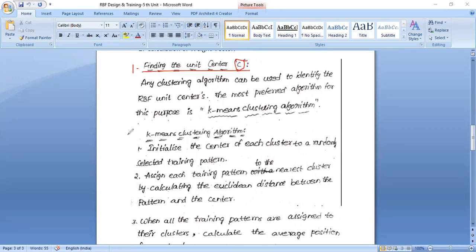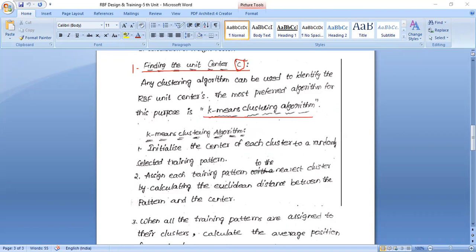Out of them, here we have used the k-means clustering algorithm. In the RBF network, we are using the k-means clustering algorithm to find the center of a unit, C, right?